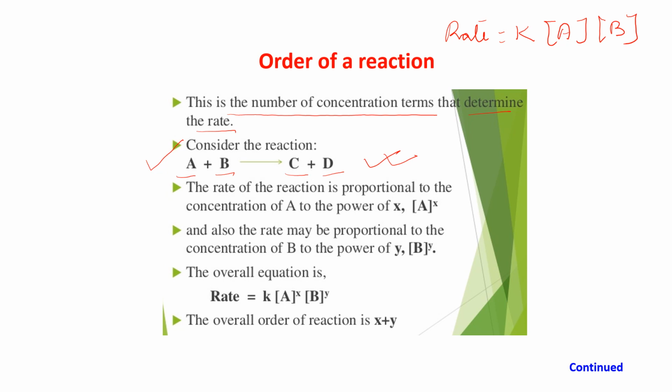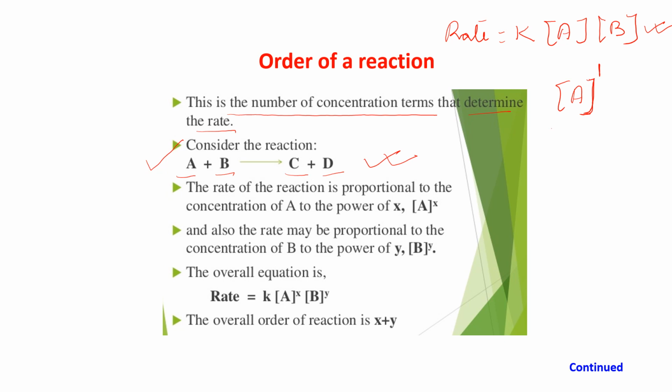Now suppose this is the rate expression we are getting, and this is the experimental rate law. Here A is a concentration term for a particular reactant, and the power of A is 1, because nothing is written means 1 is written.